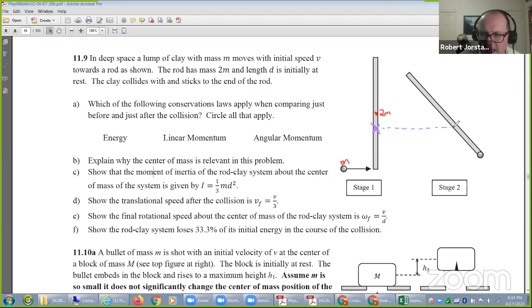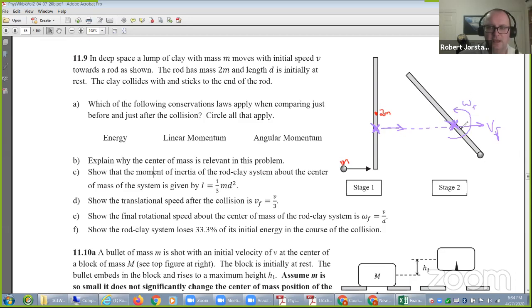And that will be the point that this object rotates about. So this is kind of cool. The center of mass will translate this way. And then on top of it, we get this rotation. So this will be V final from the momentum problem. And this will be omega final from the angular momentum problem.